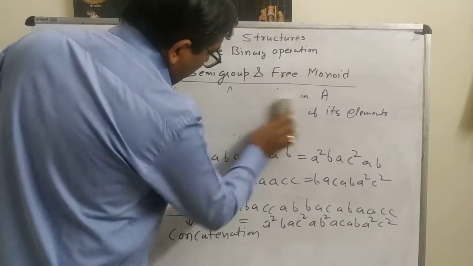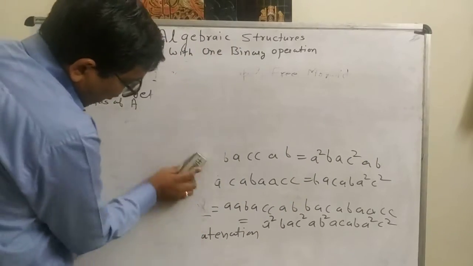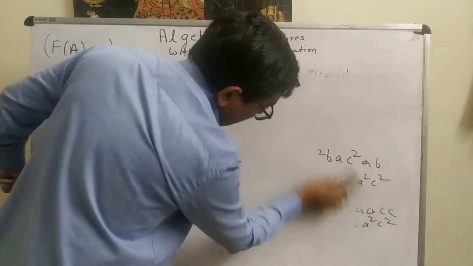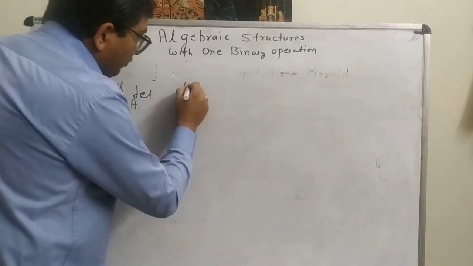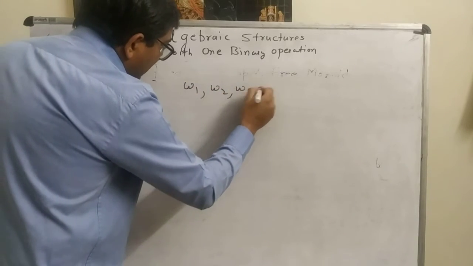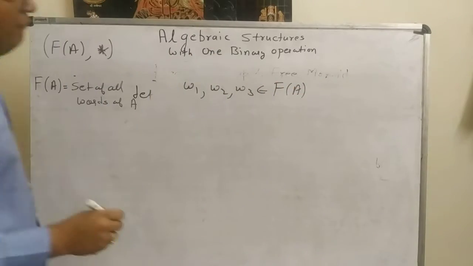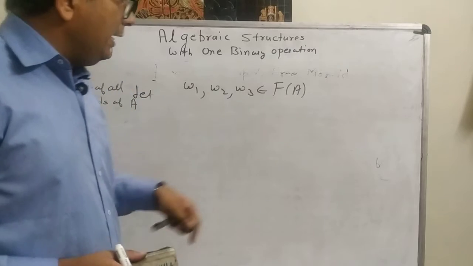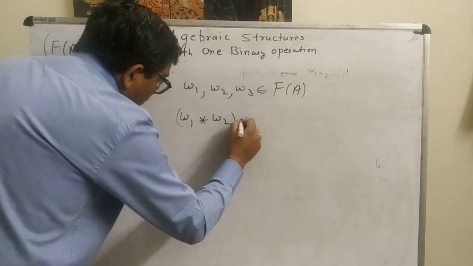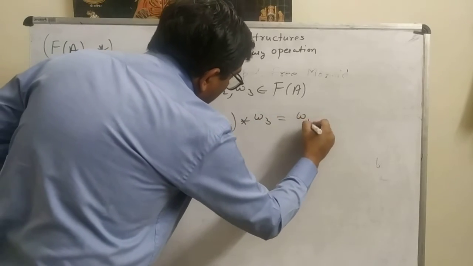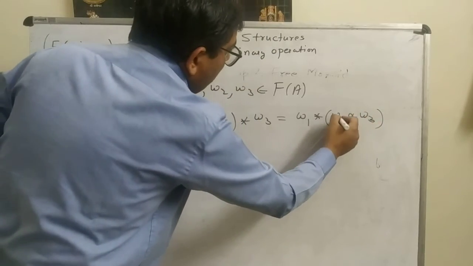To check whether it is associative, let's suppose we have W1, W2, W3, three words which belong to F(A). Then we have to see that (W1 star W2) star W3 is equal to W1 star (W2 star W3).